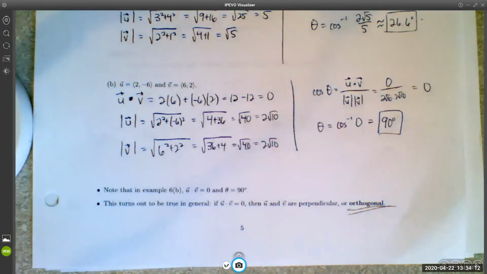What they're asking you is which of the vectors are perpendicular, which of the vectors have a 90-degree angle between them. And the easiest way to determine that is to find the dot product. If the dot product is 0, then the vectors are orthogonal. Otherwise, they're not. And that does it for this section.